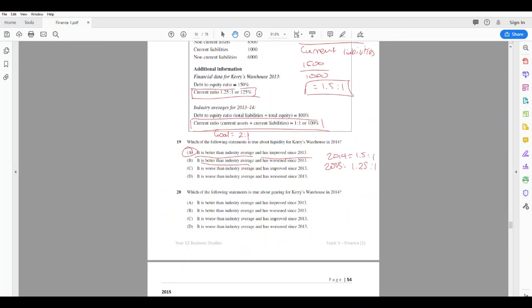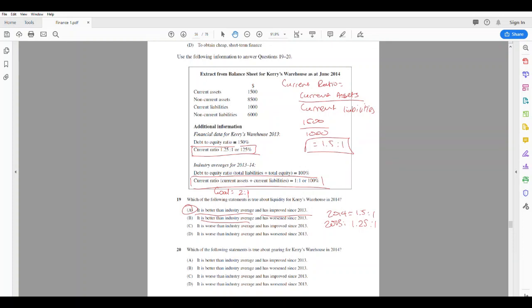Question 20 is a tricky one, okay? And this actually requires us to make a balance sheet. So I'm going to get rid of this up here. We're going to actually sub all these figures in to our little balance sheet. So we know assets equals liabilities plus OE, owner's equity. So we use our liabilities and our owner's equity to pay for our assets.